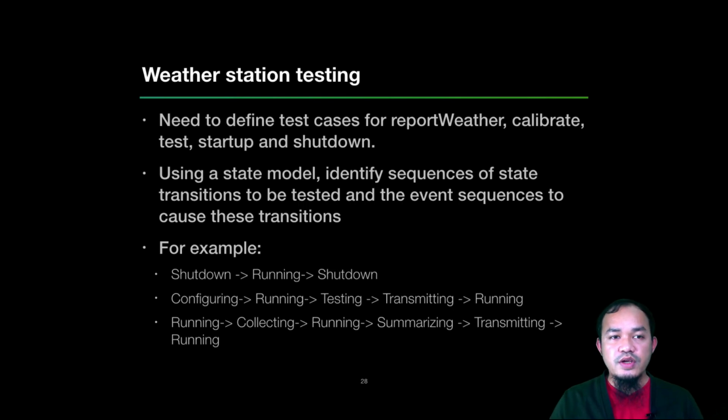For example, we can use a test case. A test case means what state you will start from, and what situation or condition you will test the object with. Here, for testing the weather station, we have a sequence: shutdown, running, shutdown, configuring, running, testing, transmitting, running, collecting, running, summarizing, transmitting, and running.